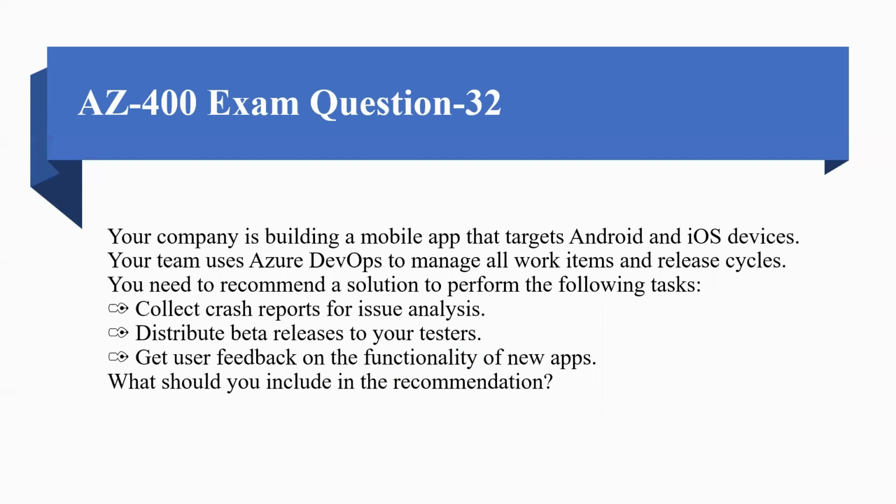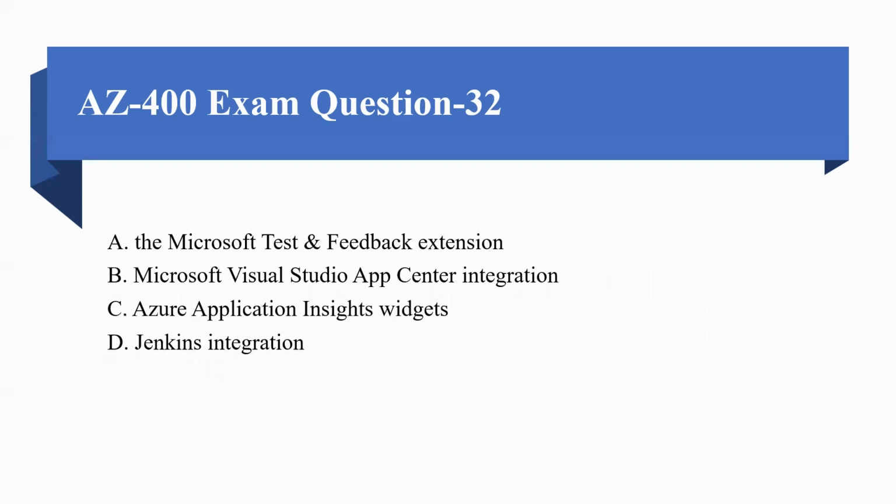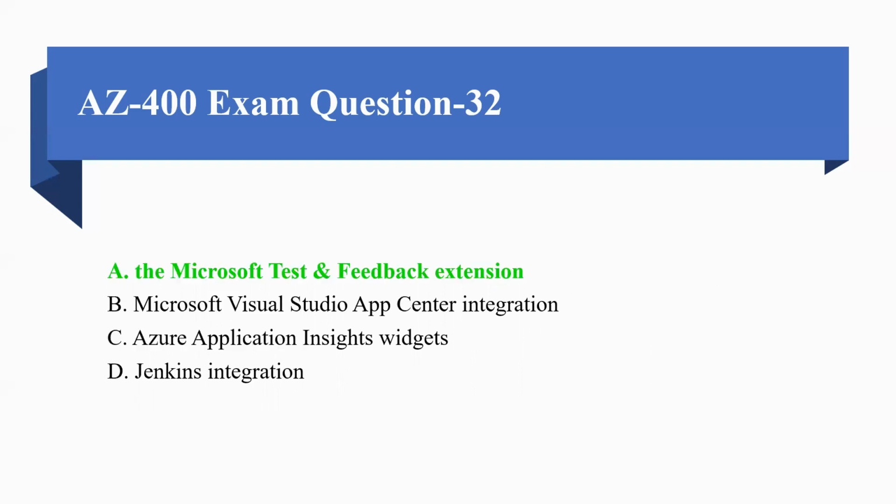What should you include in the recommendations? And options are the Microsoft Test and Feedback extension, Microsoft Visual Studio App Center integration, Azure Application Insights Widget, Jenkins integration. And the correct option would be option A, Microsoft Test and Feedback extension.